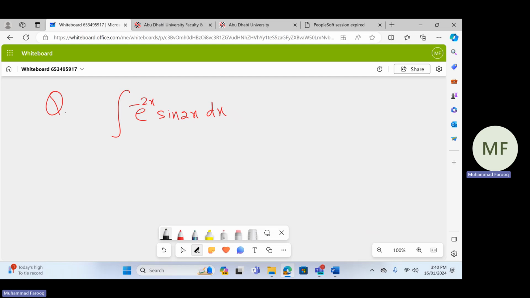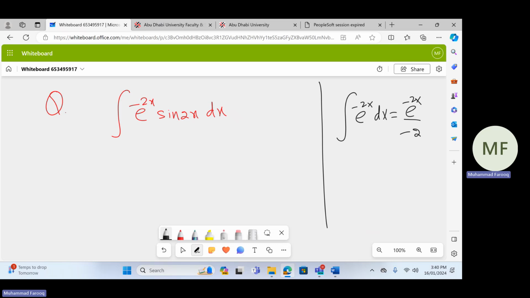Integration of e power minus 2x, you can write the answer directly: copy paste, and divide by minus 2. As per our requirement, we have to integrate the second function, which is e power minus 2x.